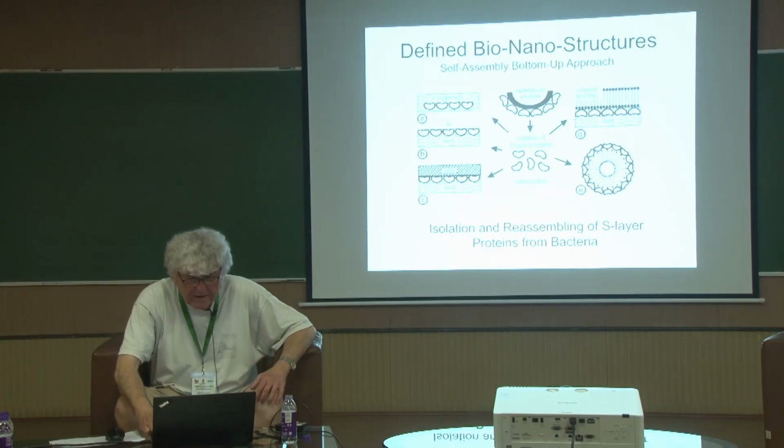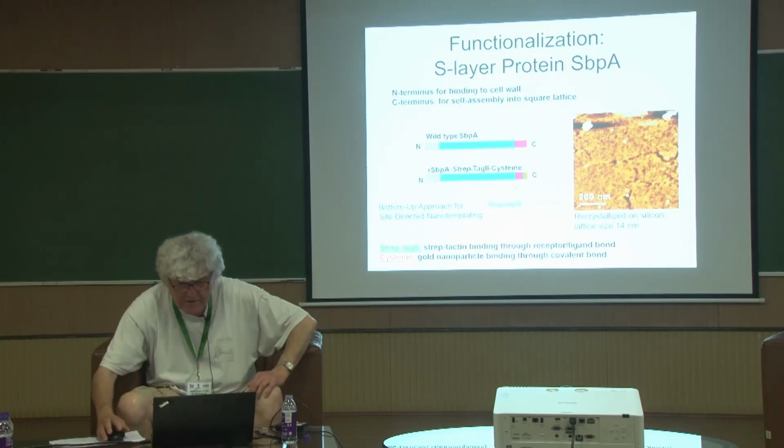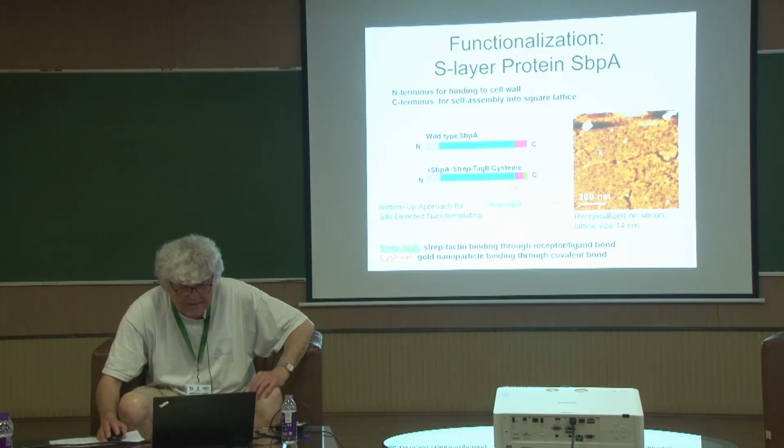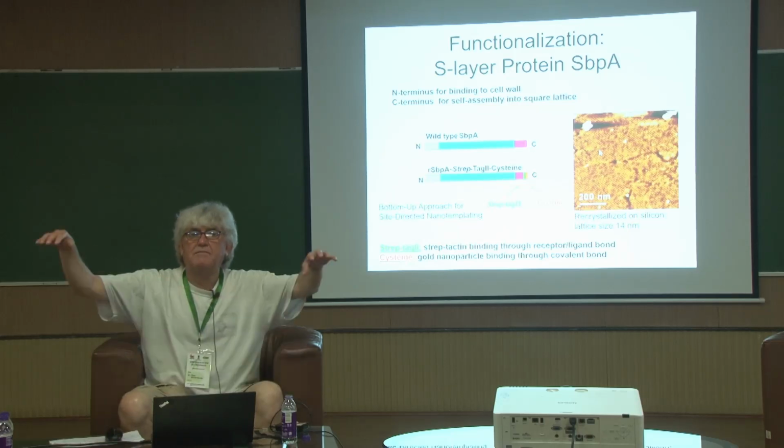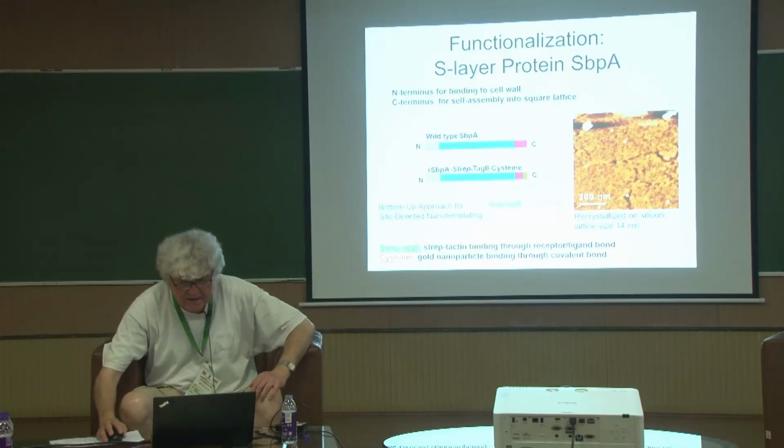Then also just some examples for TREC imaging. This is on a bacterial S layer, the outer membrane layer which can be recrystallized on surfaces. Here, each seventh protein carries a strep tag. So this is the wild type, and each seventh protein in this membrane carries a strep tag, a recognition tag.